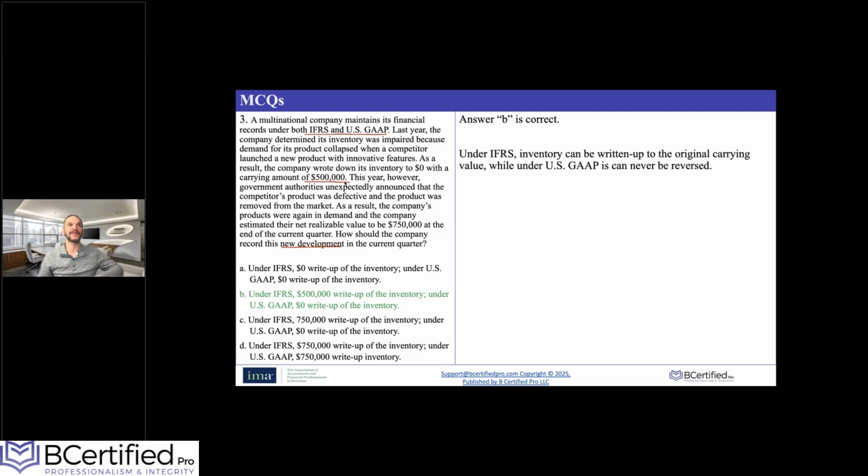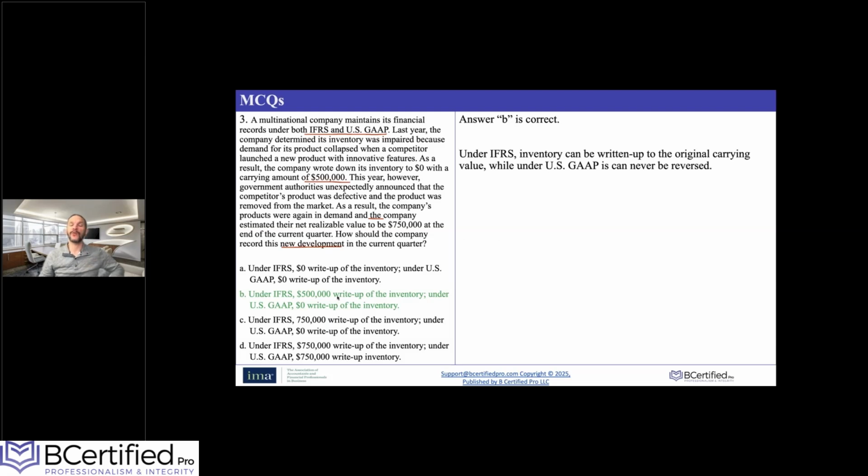That's the cost of the inventory. This year, however, government authorities unexpectedly announced that the competitor's product was defective and the product was removed from the market. As a result, the company's products were again in demand, and the company estimated their net realizable value to be $750,000 at the end of the current quarter.